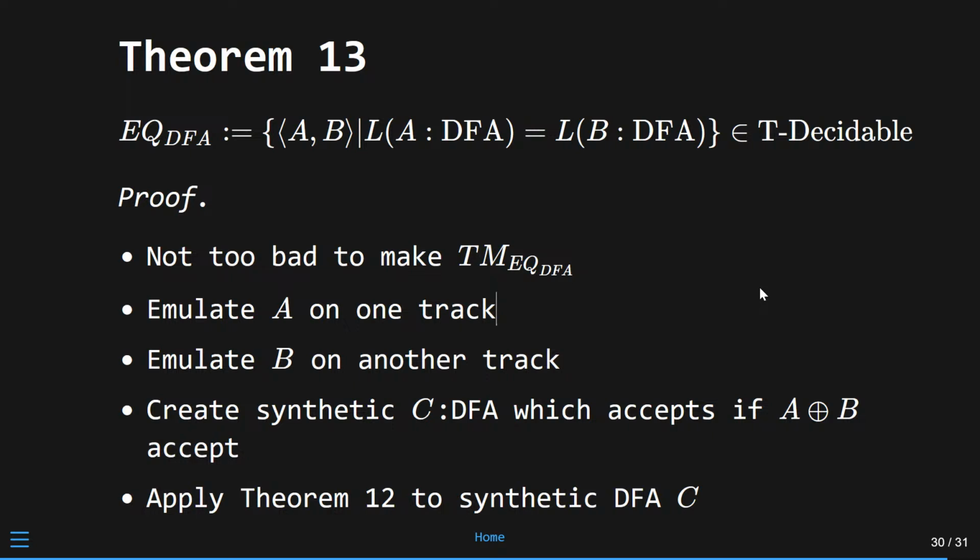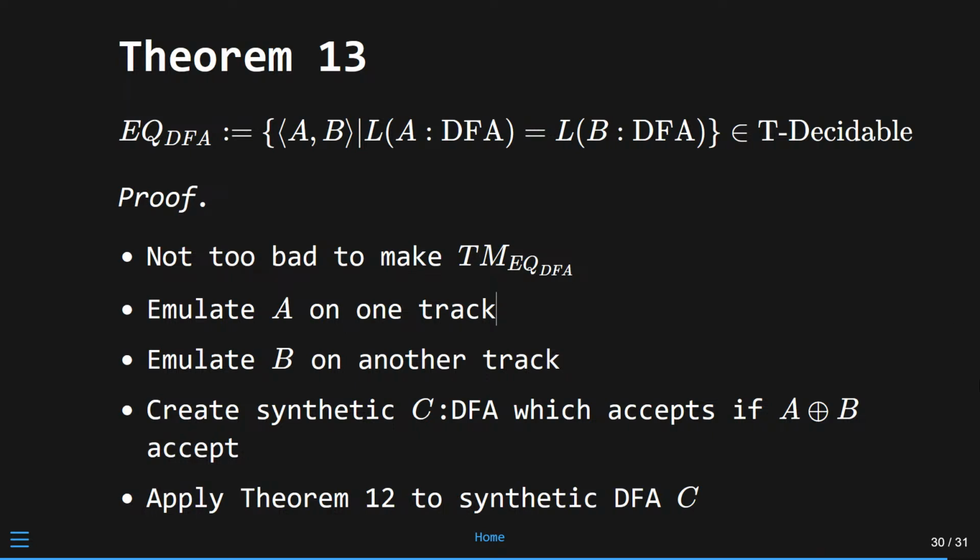Well, I'm just going to see if the XOR, the exclusive OR, if the set of strings that is accepted by A and not B, and the union of that with B and not A, I'm just going to see if that thing's empty, right? And that's just some deterministic finite automata, right?